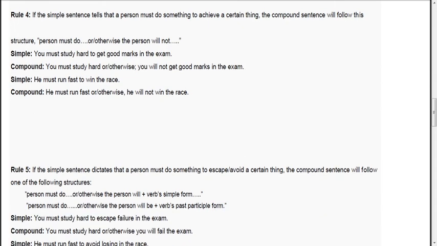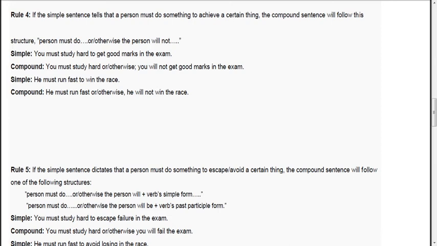What rule 4 says: if the simple sentence tells a person must do something to achieve a certain thing, the compound sentence will follow this structure: person must do, or otherwise the person will not. It means we'll take or otherwise, and the next clause will be in future tense, actually negative mood.